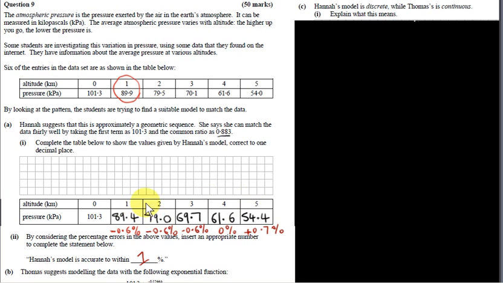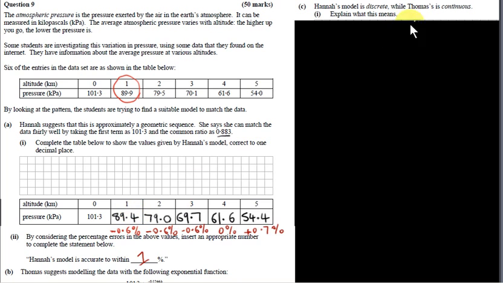So it doesn't make sense to consider what the pressure is at altitudes that are not integers, say at 1.5 kilometers or 3.1 kilometers. The model does not make sense to get pressures at non-integer values of the altitudes. So we can only get the pressures at discrete values of the altitudes, not values in between. So these integer values are discrete.